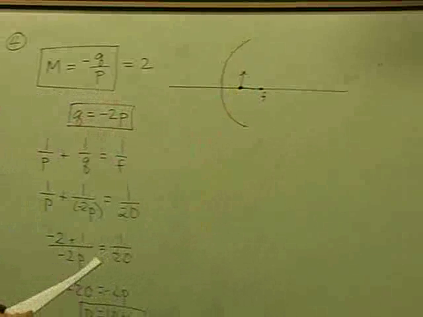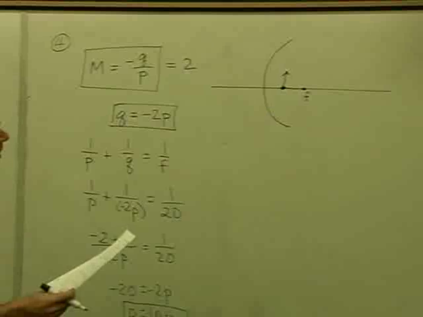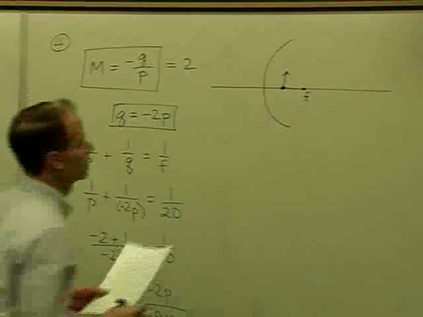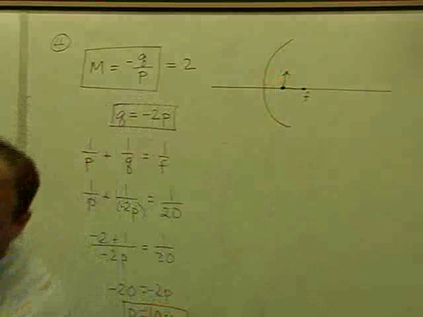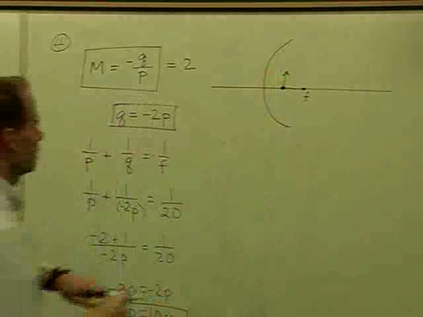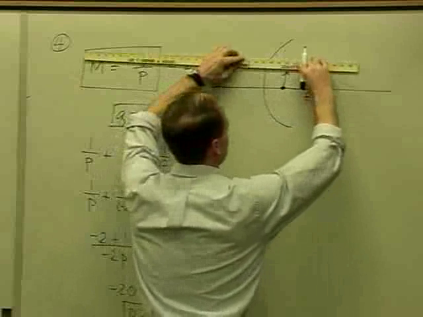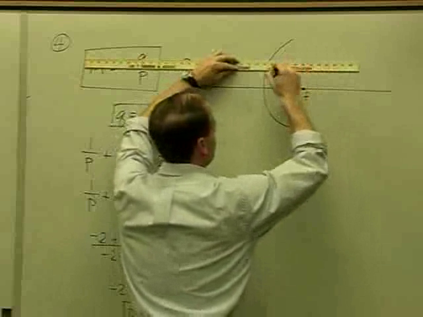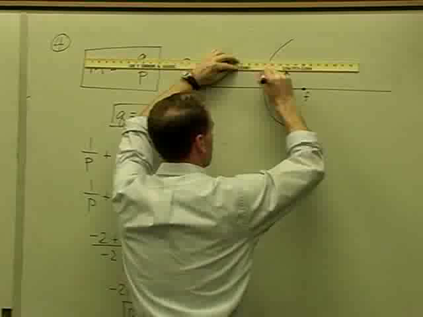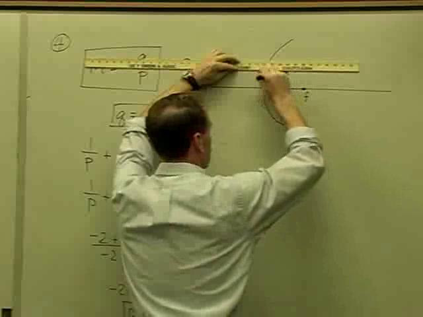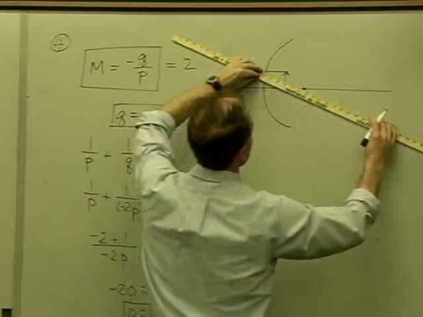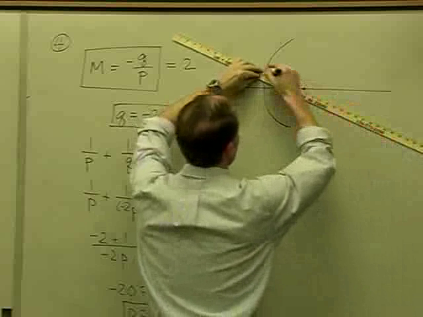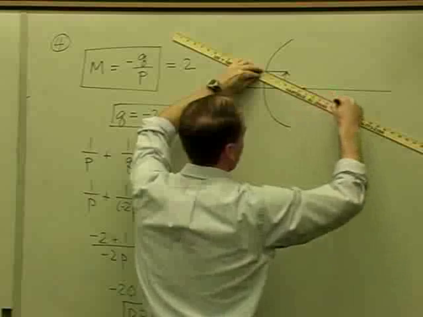And if I were to think about how this might work, if I had a ray that came in parallel, then I would expect it to reflect through the focal point, like that.